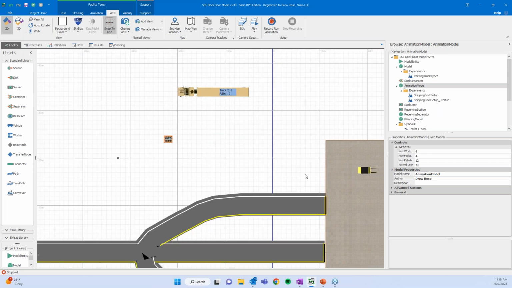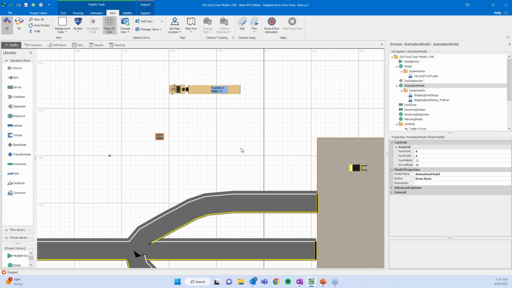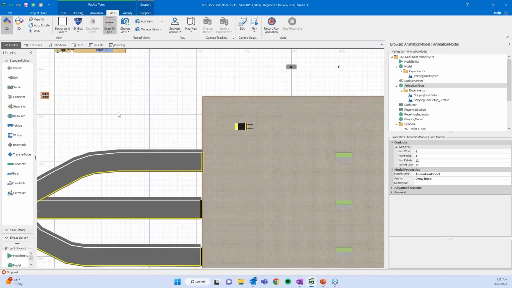When it arrives to the dock, we're going to do a math statement that says for every single pallet on that truck, we're going to sample the amount of time that it takes to scan a pallet, work with the driver to verify that the order was successfully delivered, and then stage that pallet for movement to the receiving stations.